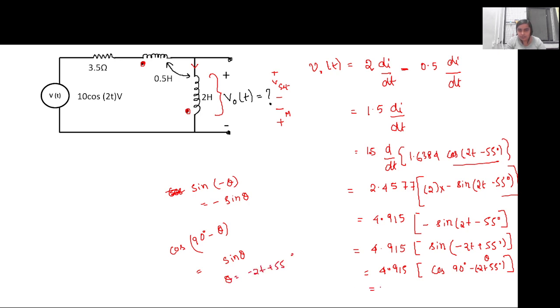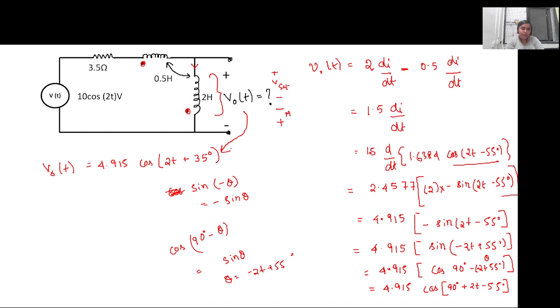Simplifying, 90 degree minus of minus 2t becomes plus 2t, and minus 55 degree. So V naught will be equal to 4.915 cos of (2t plus 90 minus 55, which is 35 degree). So V naught(t) can be written like this in terms of cos.